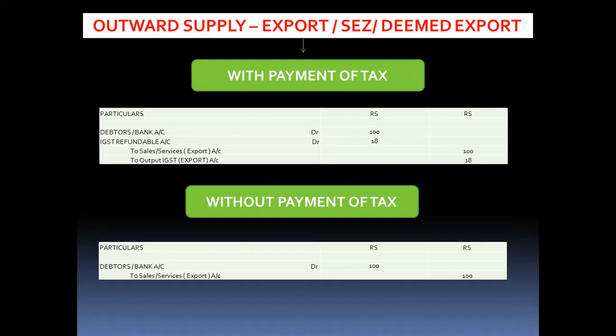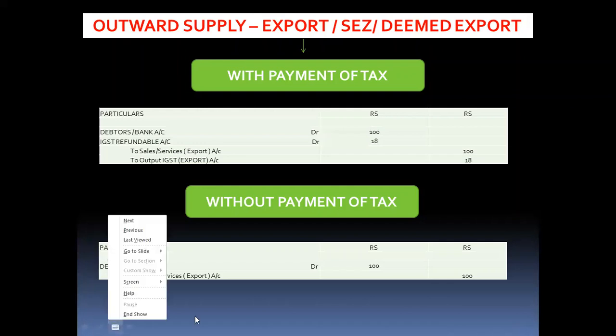In the second situation, that is without payment of tax, there will not be any tax entry. The simple accounting entry would be debtors account or bank account debit, to sales or services export account.